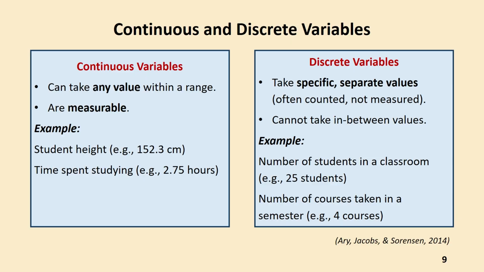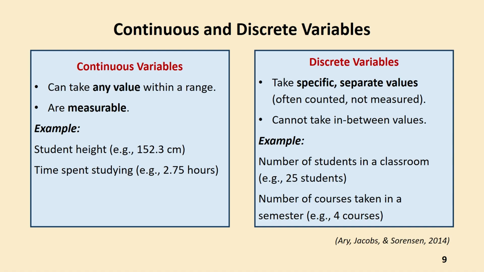And a discrete variable takes specific separate values, often counted, not measured. Always remember, it's counted, not measured. It cannot take in-between values. There is no scope of having any fraction or decimal values. If the variable has fractional values, then it is going to be in the category of continuous variable.